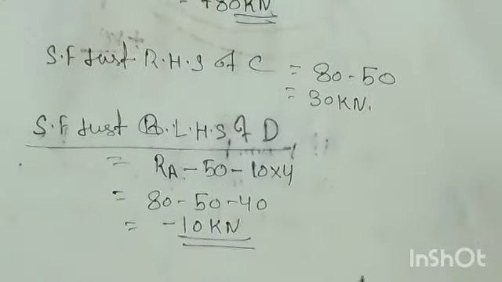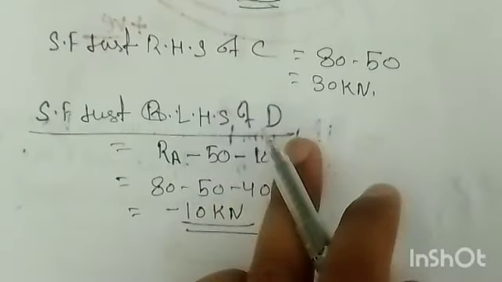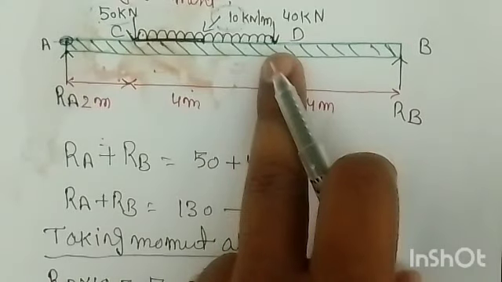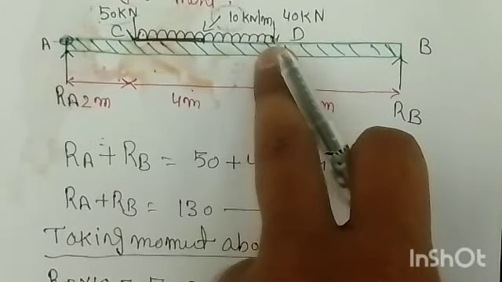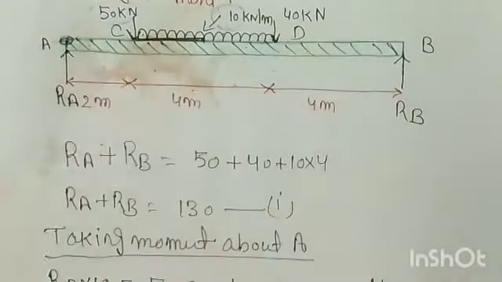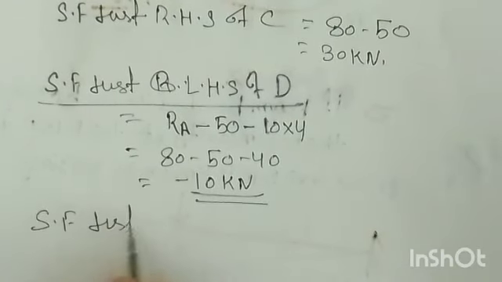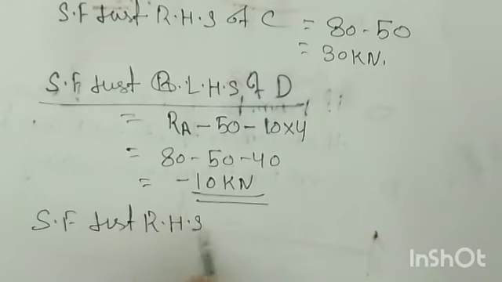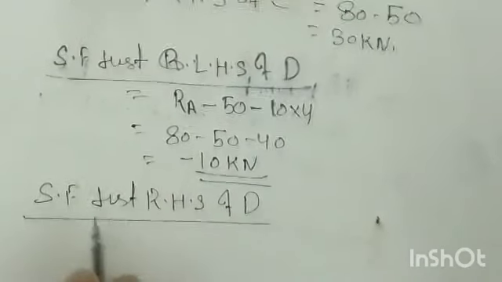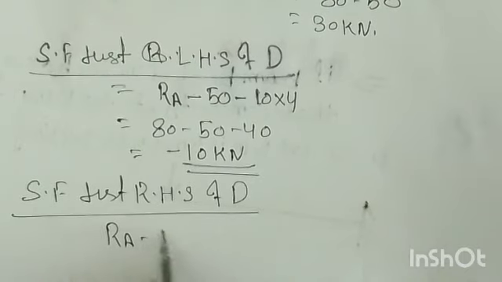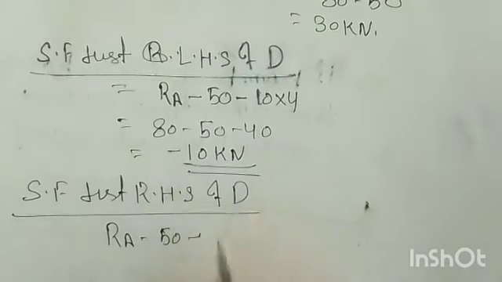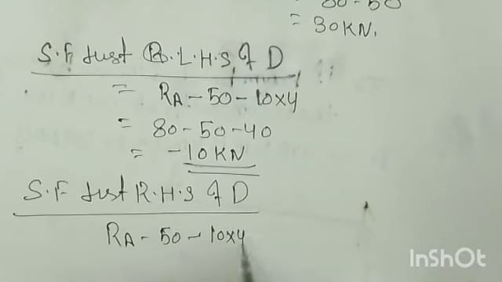Before that, we need to take the point load at D. So the shear force just RHS of D is RA minus 50 minus 10 into 4, the UDL converted into a point load, minus 40 kilonewton.